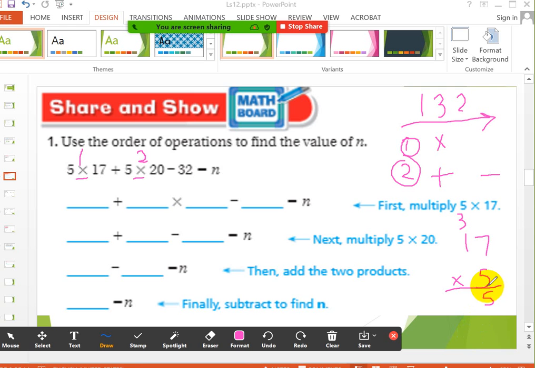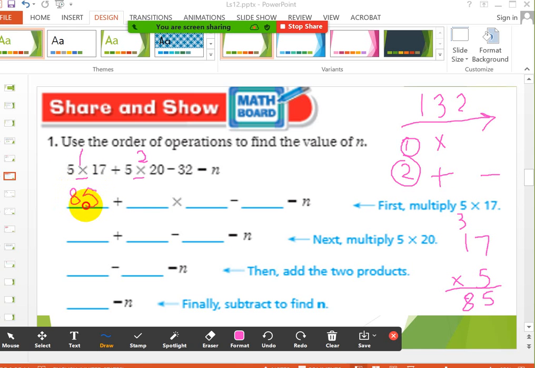Now I will multiply 5 with the tens digit. 5 multiply 1 equals 5, plus 3, 5 plus 3 equals 8. So the answer for this multiplication is 85. So the answer for the first multiplication is 85.